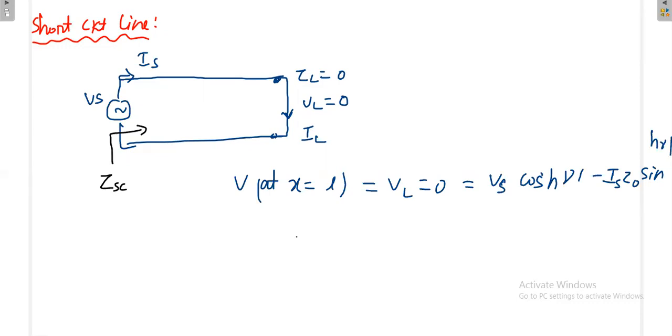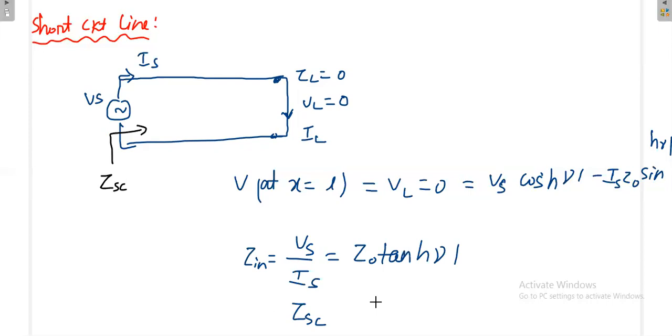Finally, you can calculate Vs divided by Is, that is equal to Z naught tanh gamma L. Then what is the meaning of this Vs divided by Is? That is equal to the short circuit impedance, and also this can be written as input impedance because you are at the input end, source end. ZSC is equal to Z naught tanh gamma L.